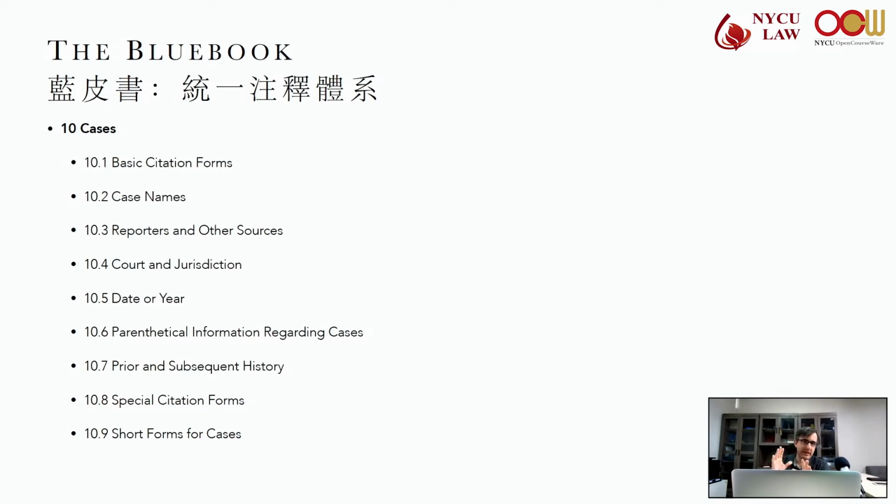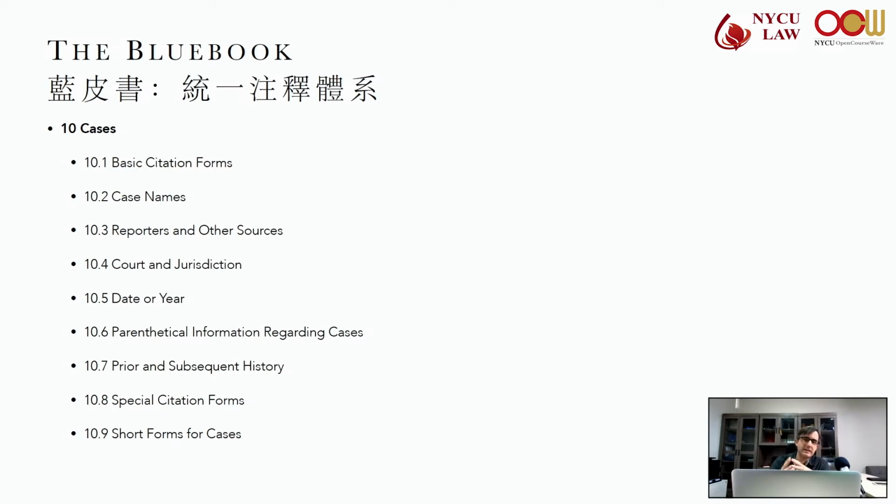So we have a comma, and petition for cert filed is in italics, and cert granted, etc. So if you're dealing with cases, I would look at this first, Rule 10.1, and kind of have this bookmarked, ready to go.